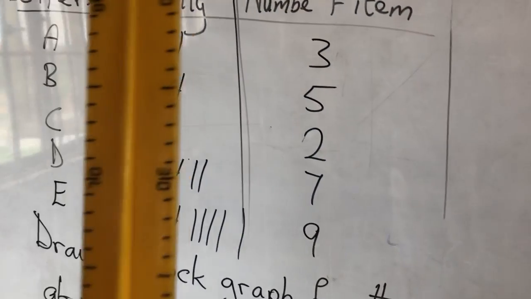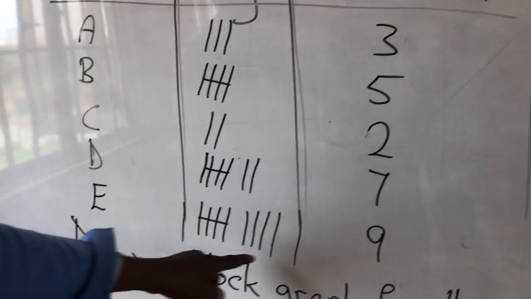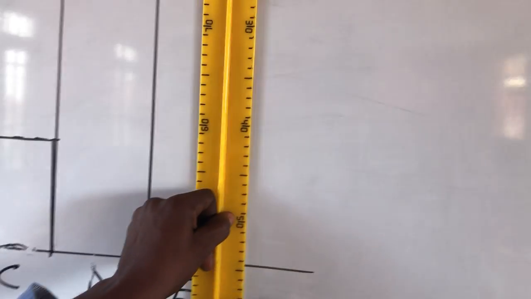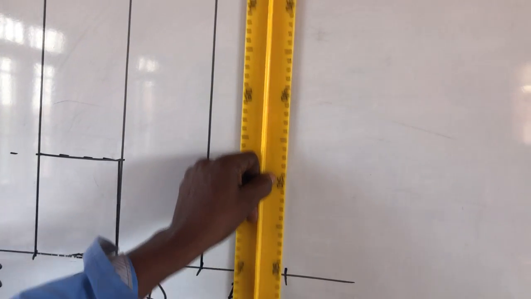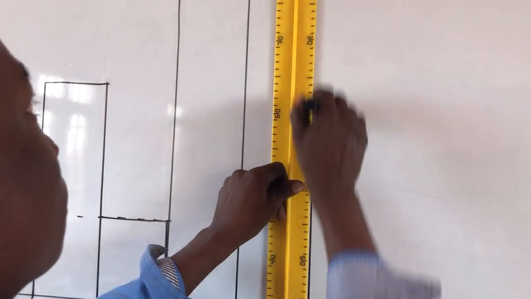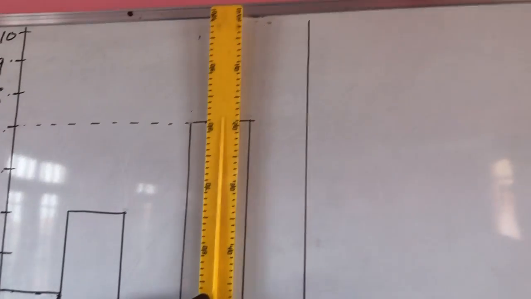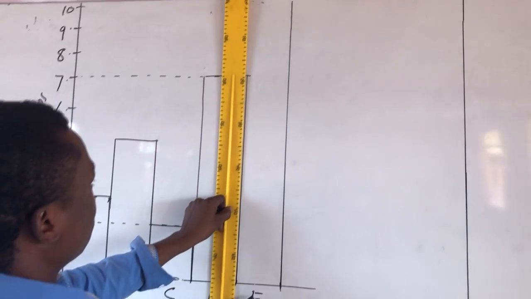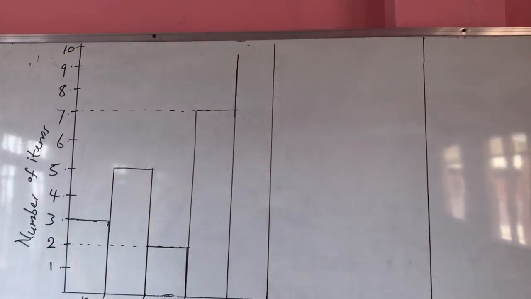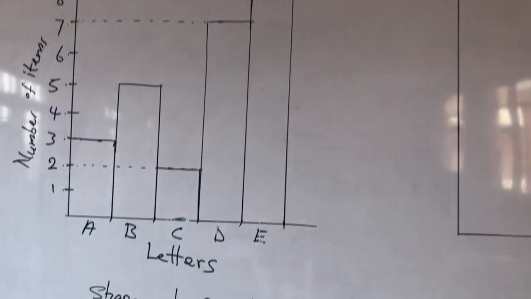So the next one is 9. The last one is 9. E, 9. Let's continue. You draw your 9. That is your 9.